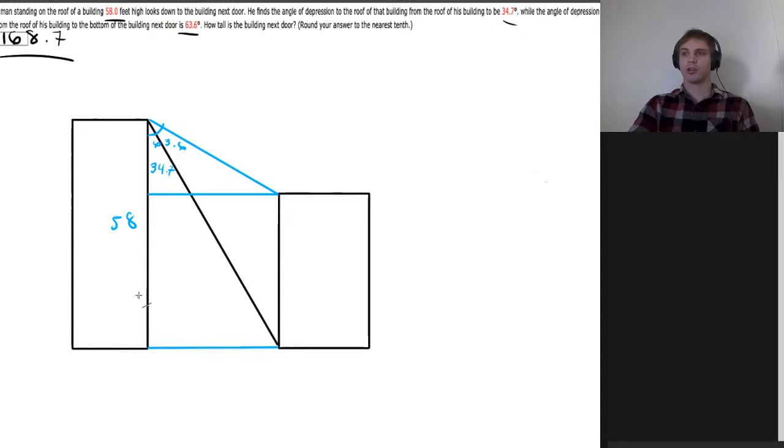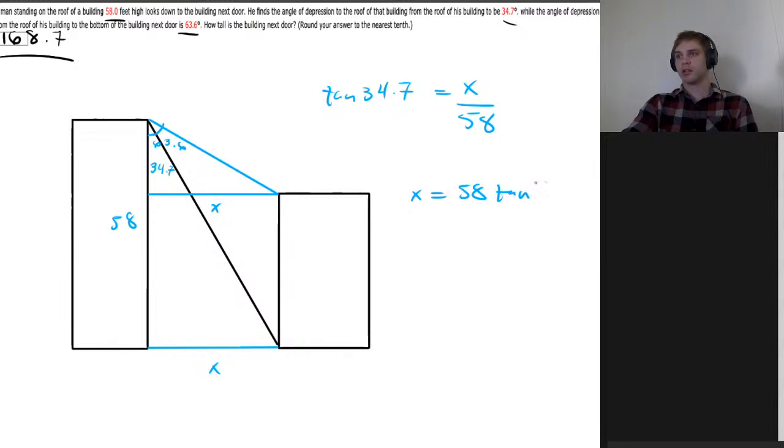Okay, so there you've got the same line. Those are both x, which is important. So we'll do the tangent of 34.7 equals x over 58. Solve for that. x equals 58 tangent.